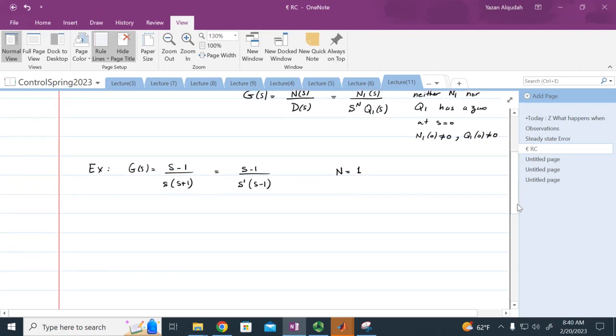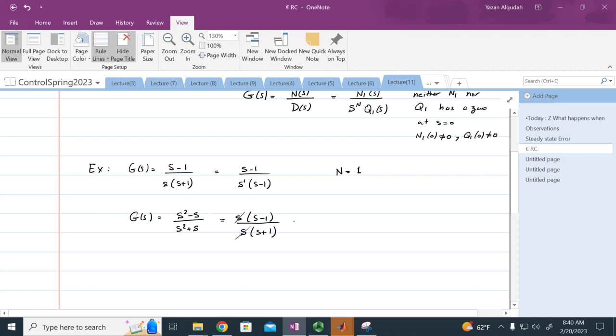Okay. Let's do another example. G of S equal to S squared minus S divided by S squared plus S. What are we going to do? We're going to take the S in the numerator as a common factor, so we're going to have S multiplied by S minus 1, and we do the same thing in the denominator, S multiplied by S plus 1.